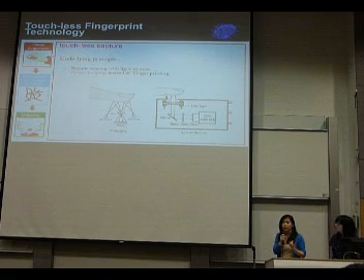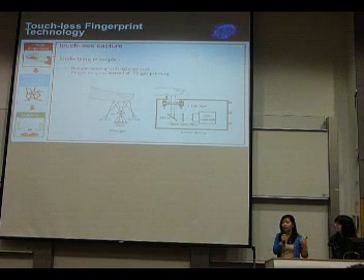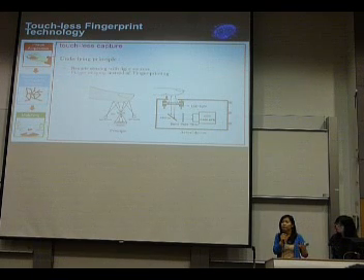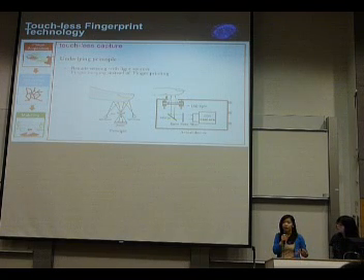Different thickness of the skin will absorb different amounts of light. So the amount of light absorbed by the valleys is different from the amount absorbed by the ridges. So it creates a sufficient contrast and allows us to distinguish between the valleys and the ridges. In the end we can extract some important features from the fingerprint for matching.